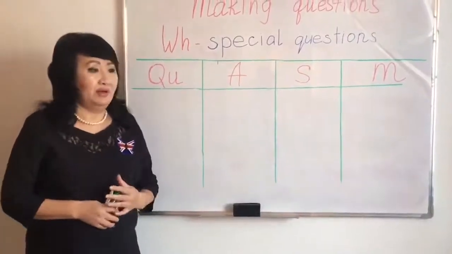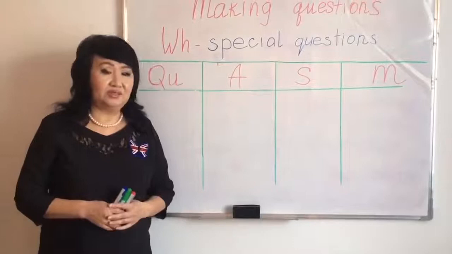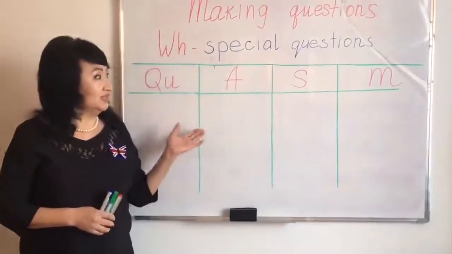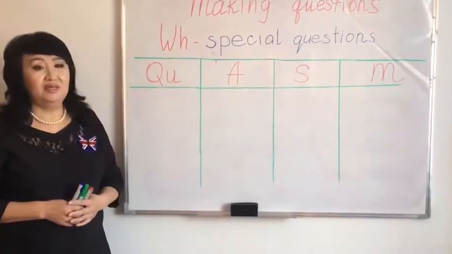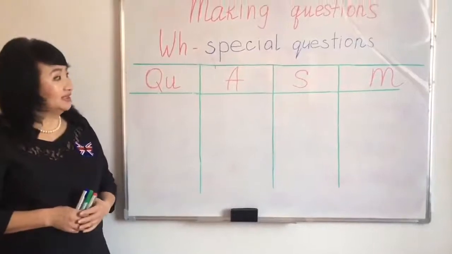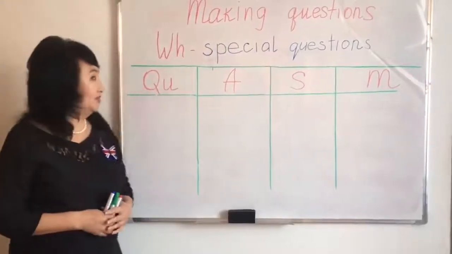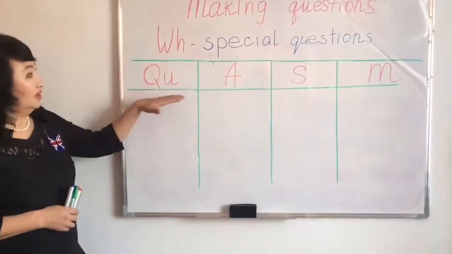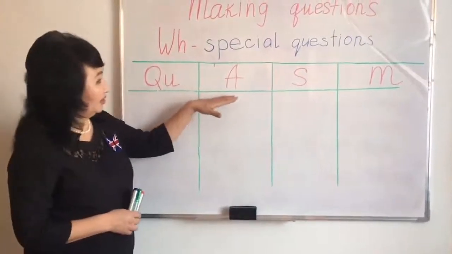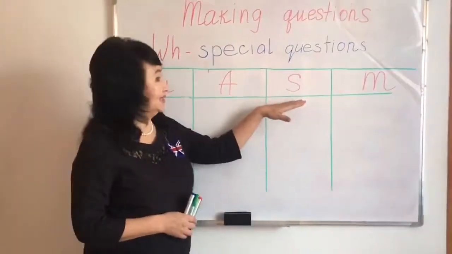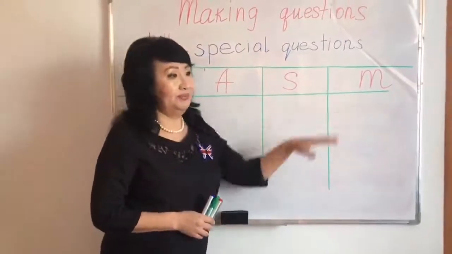To remember how to make this question correctly, I suggest this chart. It consists of 4 parts: the first is question, the second auxiliary verb, the third subject, and the fourth main verb.